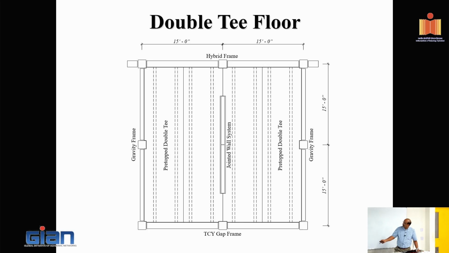In this direction, the seismic resistance was provided by the jointed wall. I've shown you some of the pictures, but that's sitting in the middle. These are gravity columns. Gravity columns are fine as long as they transfer the load, but they have to go for the ride without losing support or losing the base. So that should be accounted for.